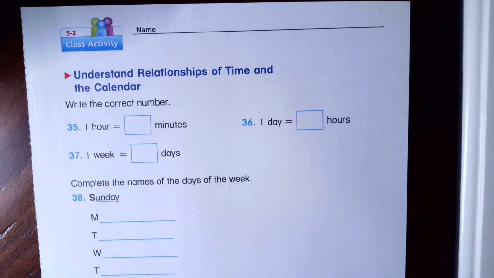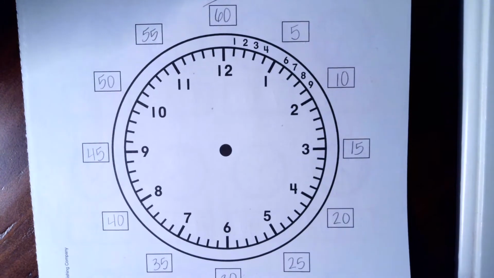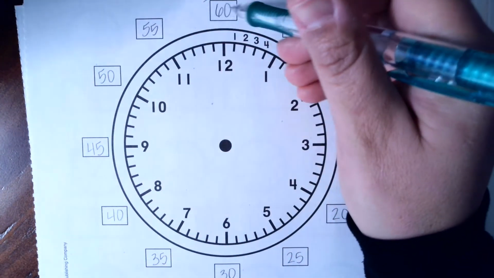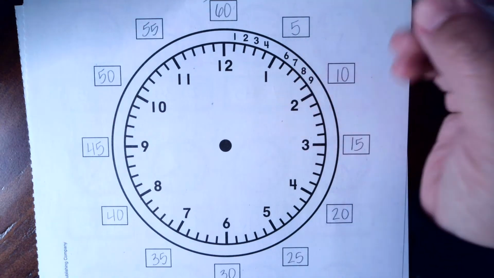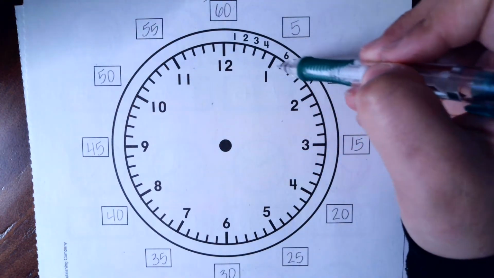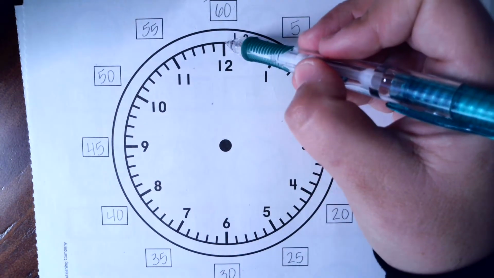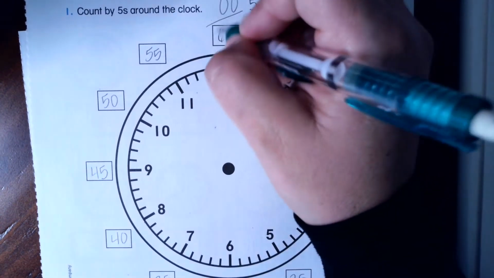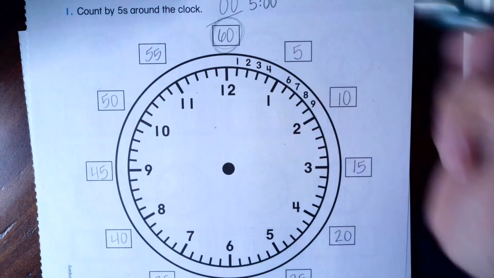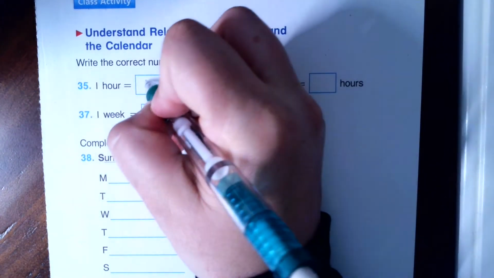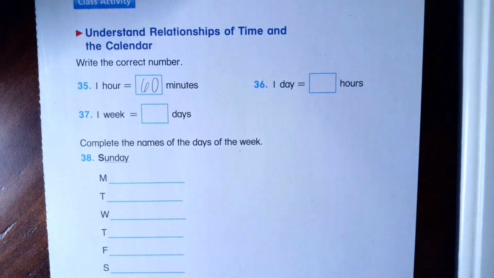If you think back to this clock, we labeled all of the minutes for 1 whole hour. If our hour hand goes around all the way back to the 12, we know that it has been 60 minutes or 1 hour. So in 1 hour, we have 60 minutes.